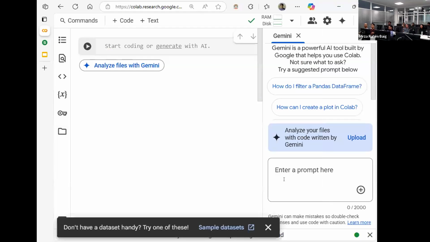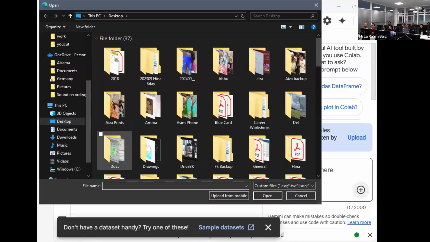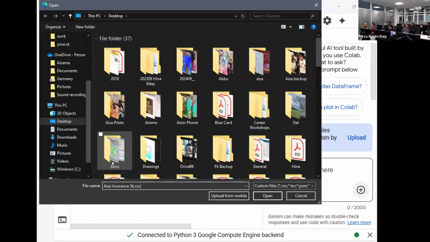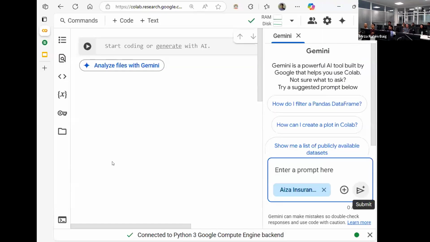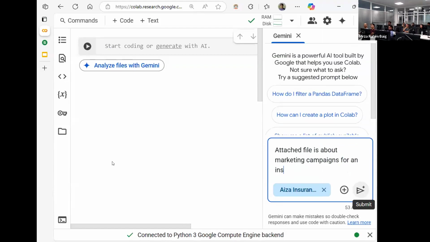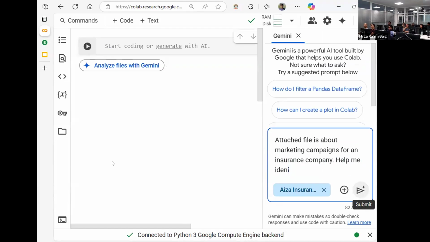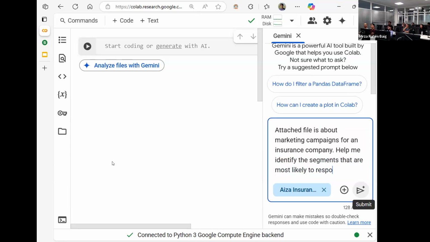There's a file I'm adding here, an insurance file. And all I'm saying is, which file is about a marketing campaign for an insurance company, and help me identify the segments that are most likely to respond positively.